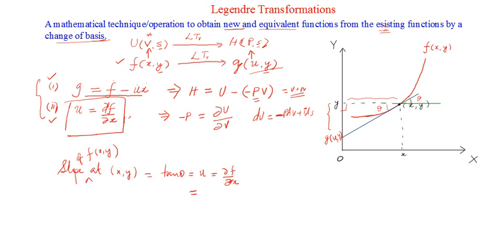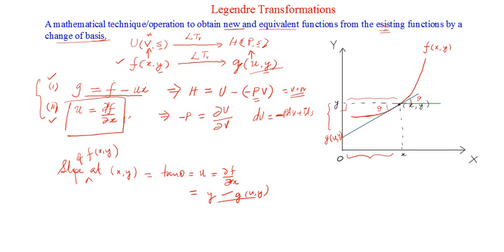So what will this tan theta be equal to? Opposite side will be equal to y minus g of u, y, divided by x, because that is this distance.